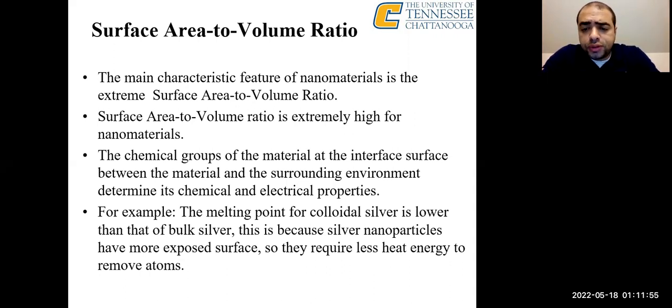The chemical group of the material at the interface between the material and the surrounding environment determines its chemical and electrical properties, as we know. Like we saw in the example, the melting point for colloidal silver is lower than that of bulk silver. The reason is that the surface area of colloidal silver is very, very high compared to its volume, so most of the silver particles are exposed to the outside environment. In other words, it requires less heat energy to remove the atoms and therefore melt.